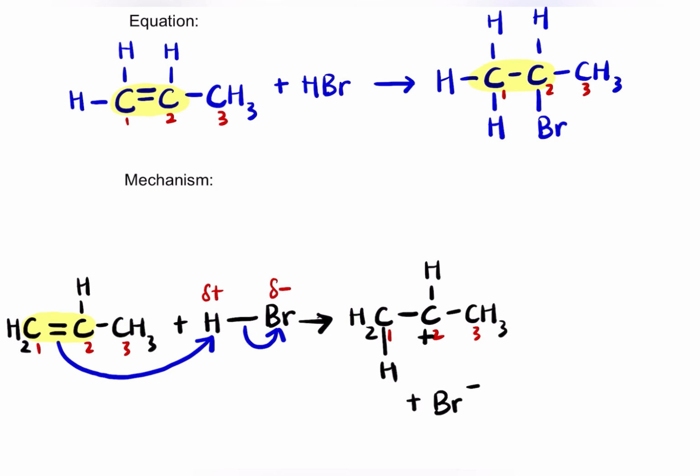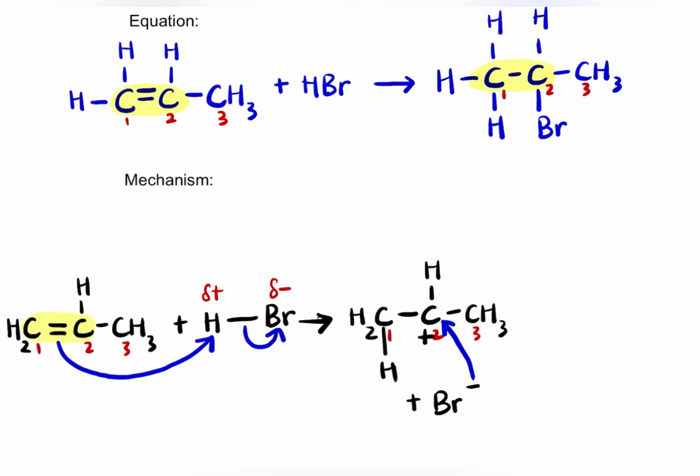So right now, I'm going to use my Br minus, my anion here, and attack my carbocation at carbon number 2. From here, I'm going to attack like this, from the charge to carbon. And what's next?